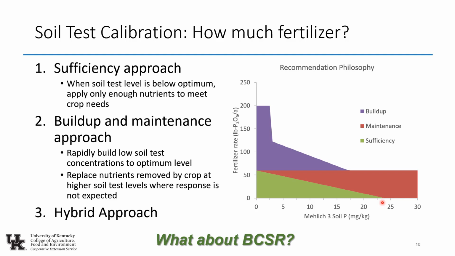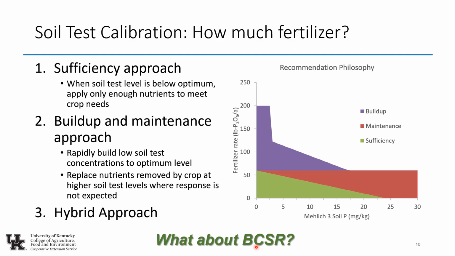You may be asking about what about base cation saturation ratio, or BCSR. This is the theory that started in the 20s, has a lot of adherents today that really believe it's true, that there's an ideal soil cation ratio of calcium, magnesium, potassium, and that you should fertilize in an effort to get this balance between the cations. It has been disproven by science.